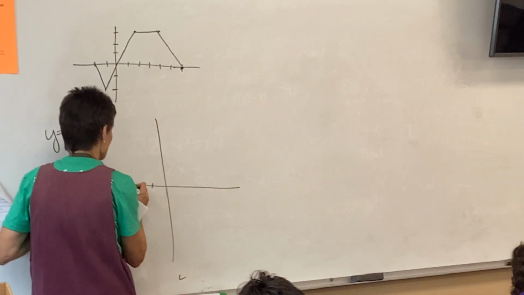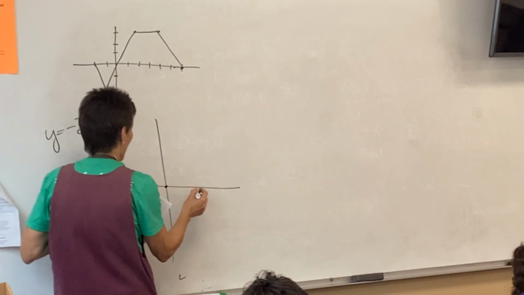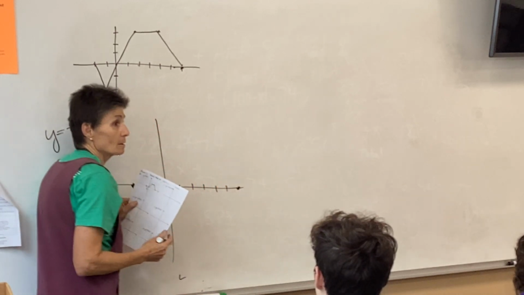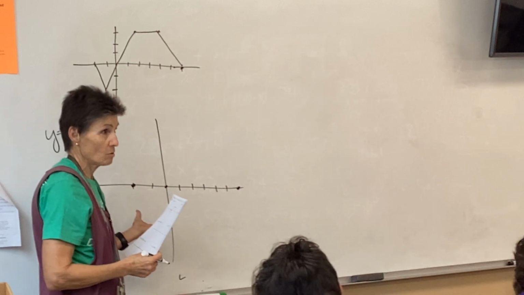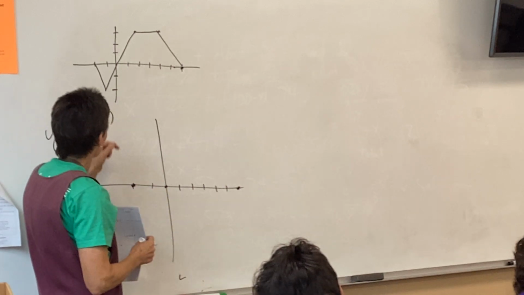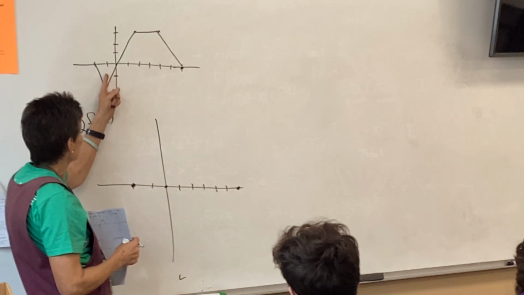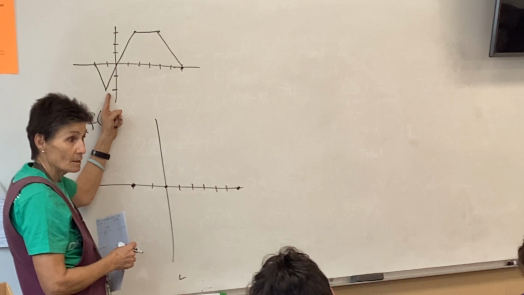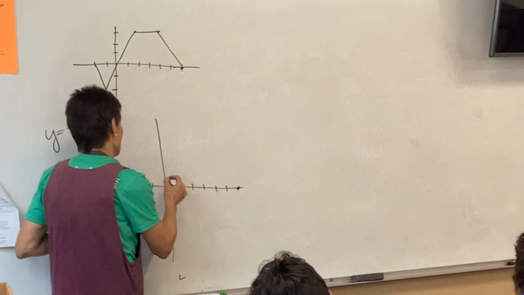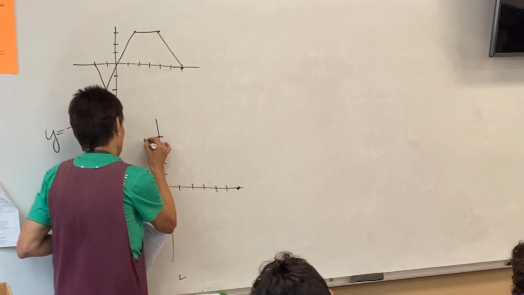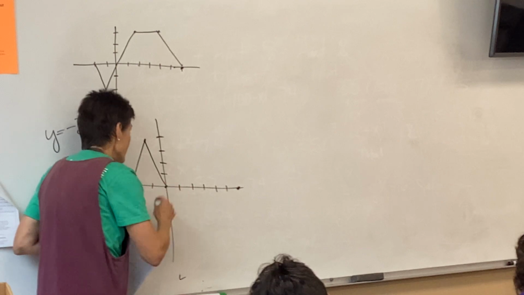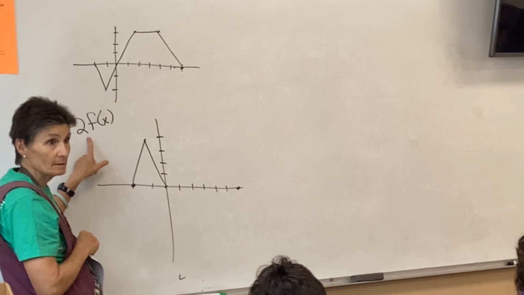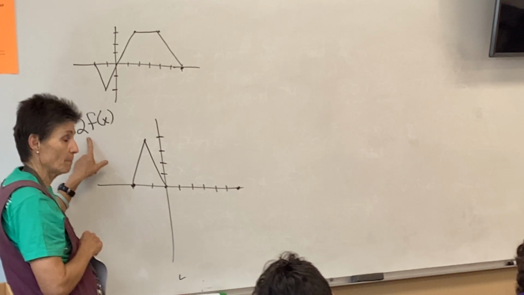So these points on the axis aren't going to change, are they? No, because their height is 0 and it's not going to change. But this triangle right here, which is down 2, is now going to be up 4, because we are doubling and changing the sign, flipping it.